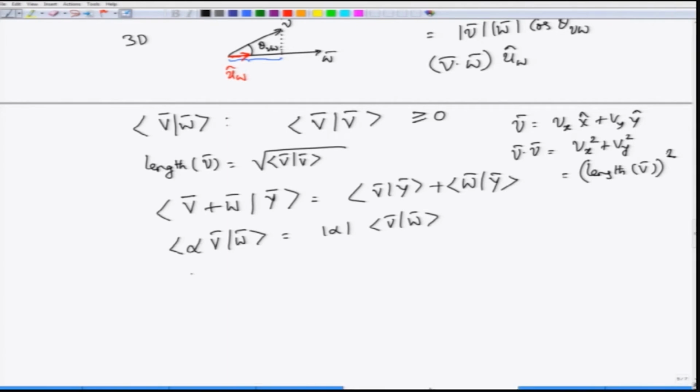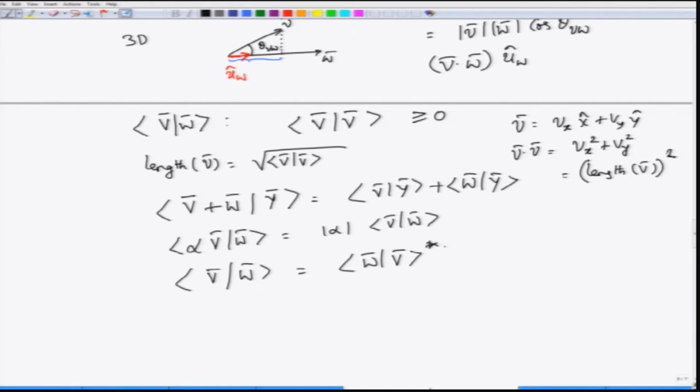There are also a couple of other points about the inner product. If I take the vector V with the vector W and I say that vector V and vector W are complex vectors, that is they belong to a complex vector space, then this should be equal to W with vector V, complex conjugate.